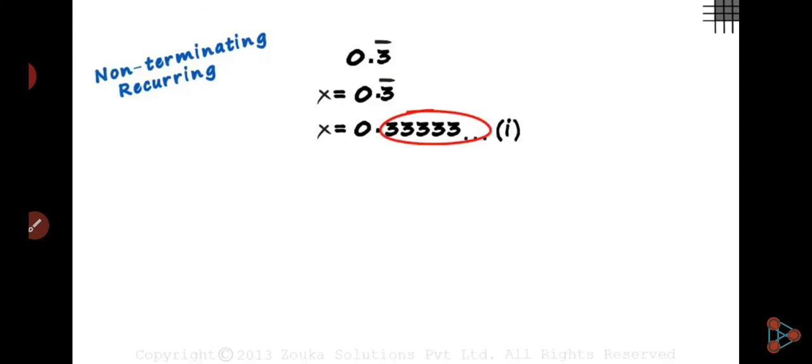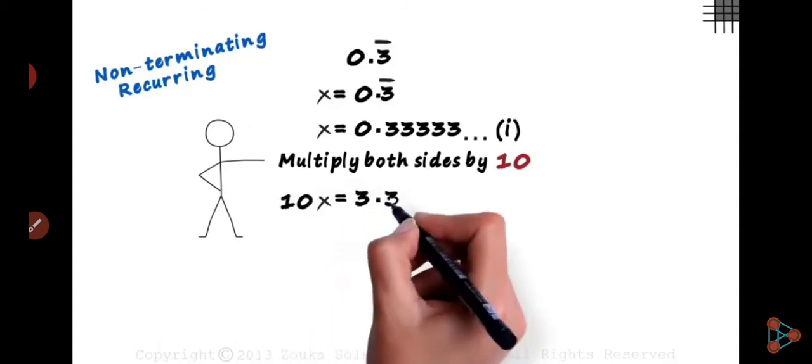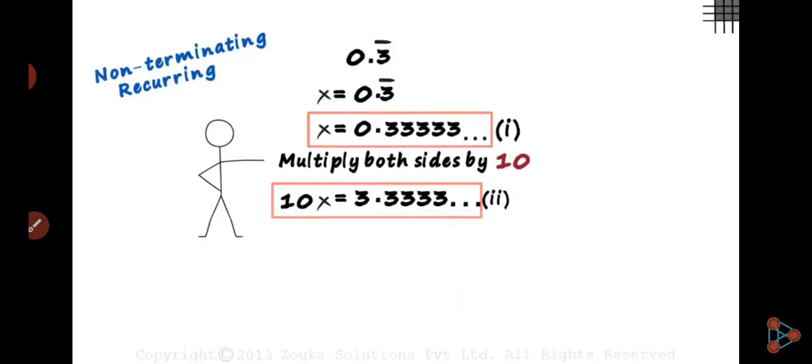See this recurring decimal, the 3 is continuously repeating. Multiply both sides by 10, so it becomes 10x is equal to 3.333. And you know that 0.3333 is your x.